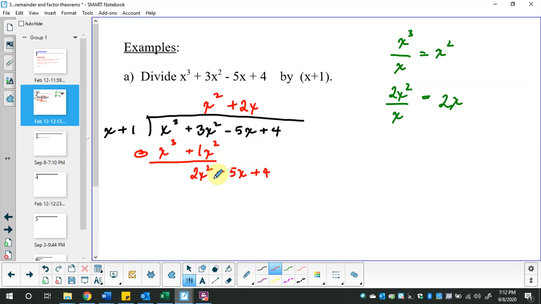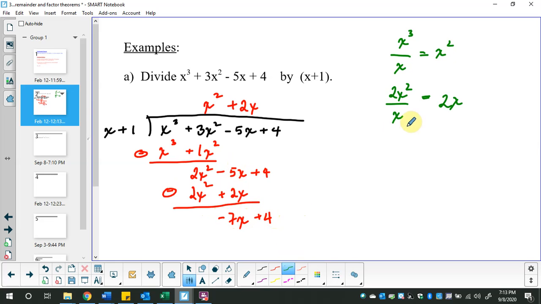So 2x times x is 2x squared. Yay me. 2x times 1 is positive 2x. Everything's nice and columned. These make 0, x squared. Negative 5 minus 2 is negative 7x. Bring down the 4.